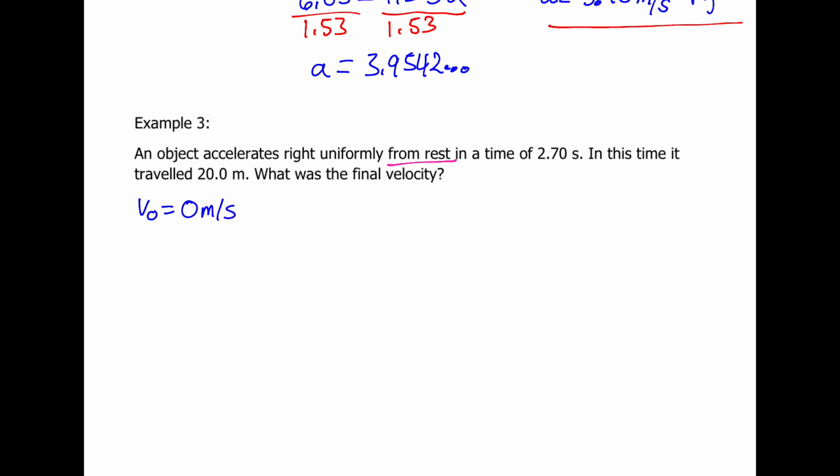Very nice. The next sentence is my time part, which is 2.70 seconds. I know my displacement will be 20.0 meters, and I know final velocity is what I am looking for.